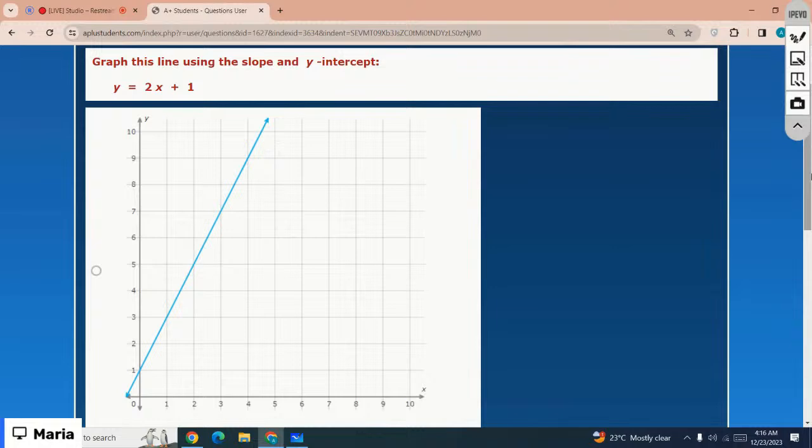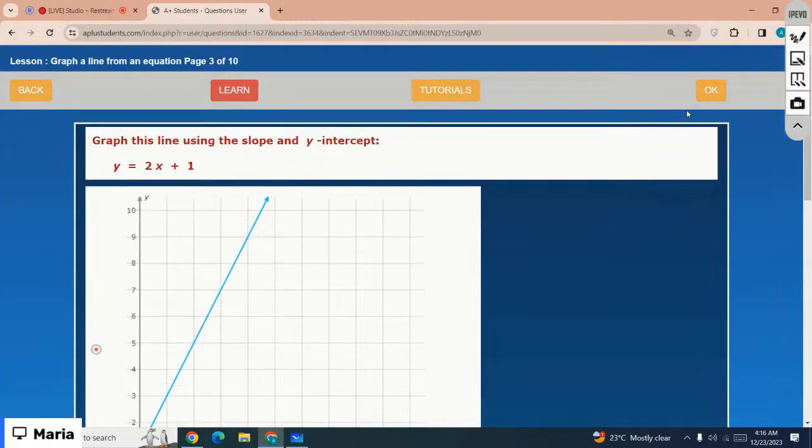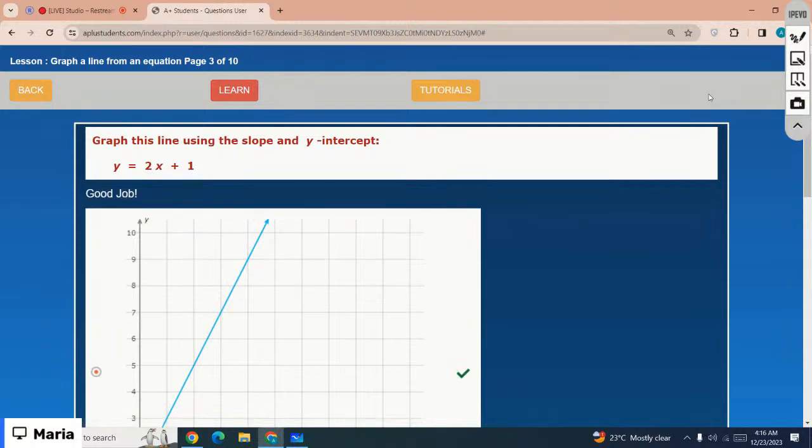So the correct option is yes, the first one is the graph of the given line equation, right? Very good.